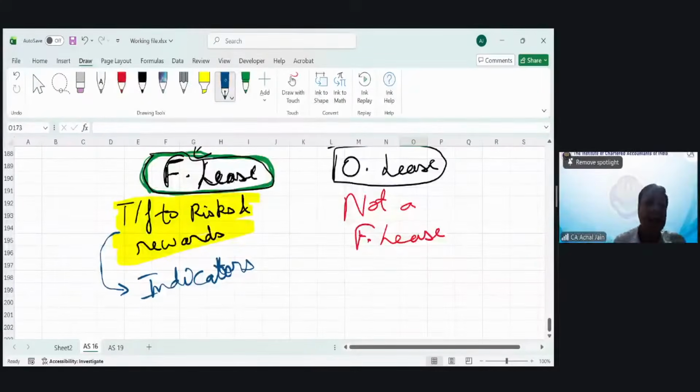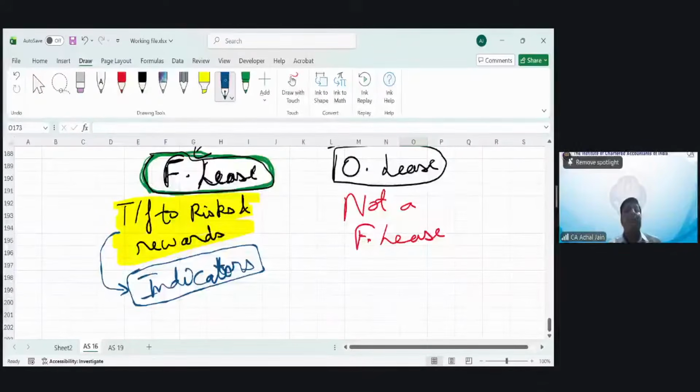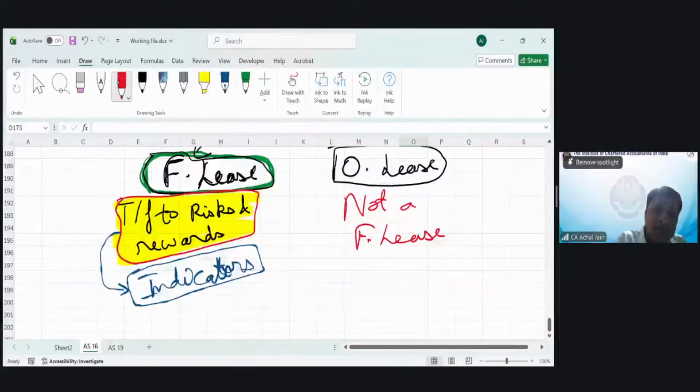But please understand that those will be only the indicators. You should not think it's an exhaustive list. You should not think that if those indicators are not there, then the lease will never be a finance lease. What is the underlying concept you need to remember? This is the main concept: transfer of risk and reward. For checking this, indicators are available.